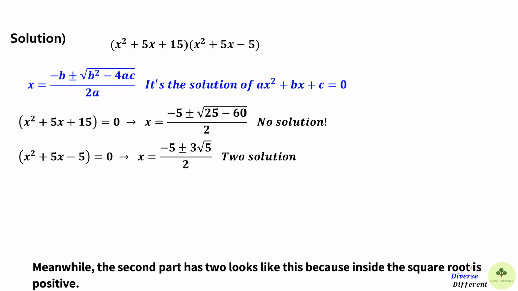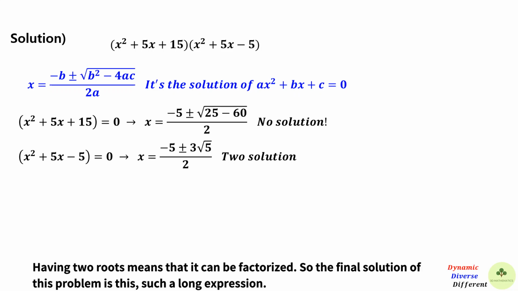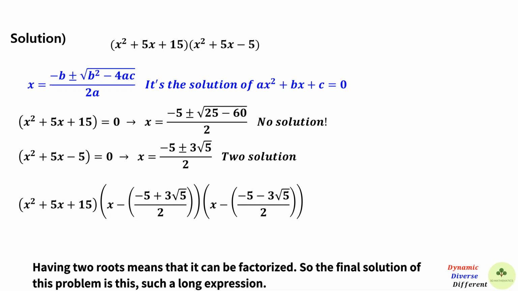Meanwhile, the second part has two roots like this because inside the square root is positive. Having two roots means that it can be factorized. So the final solution of this problem is this, such a long expression.